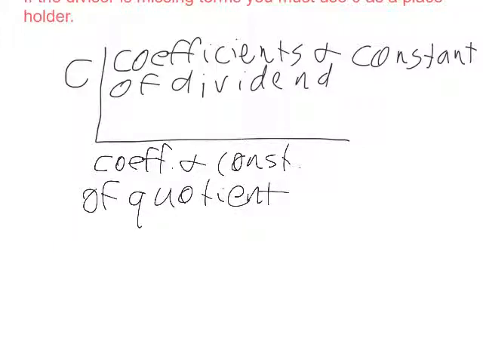And then the very last number that we get over here at the end will be the remainder. If we write that down as the answer, we'll actually have a quotient plus a remainder term. The remainder term will be the remainder divided by the divisor. Alright, so let's give this a try.